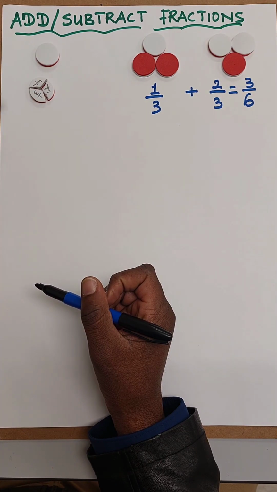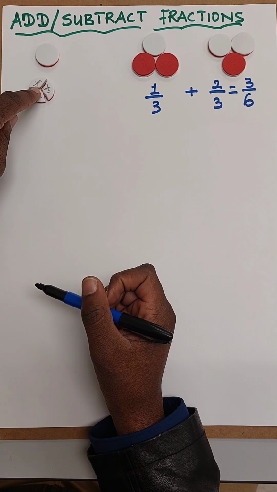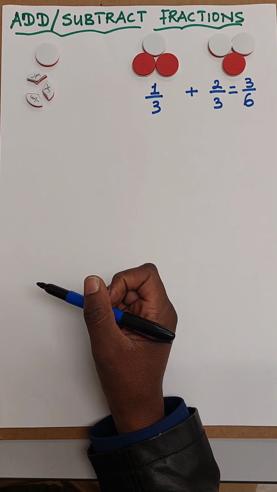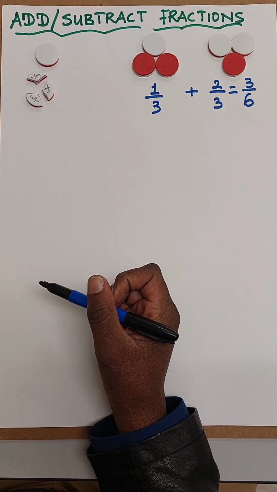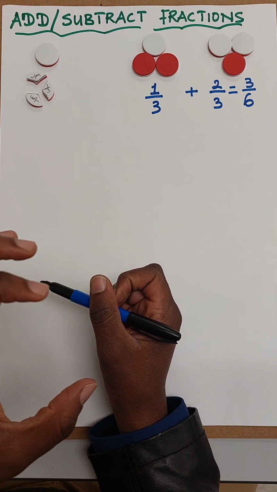For example, if this is split up into 3 parts, to show them that a fraction is part of a whole, not part of 2 wholes, not part of different groups. A fraction is part of one group and not a part of separate groups.